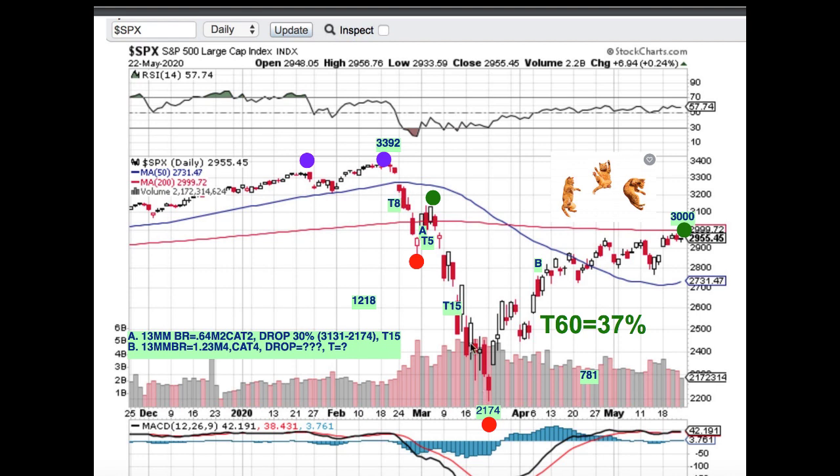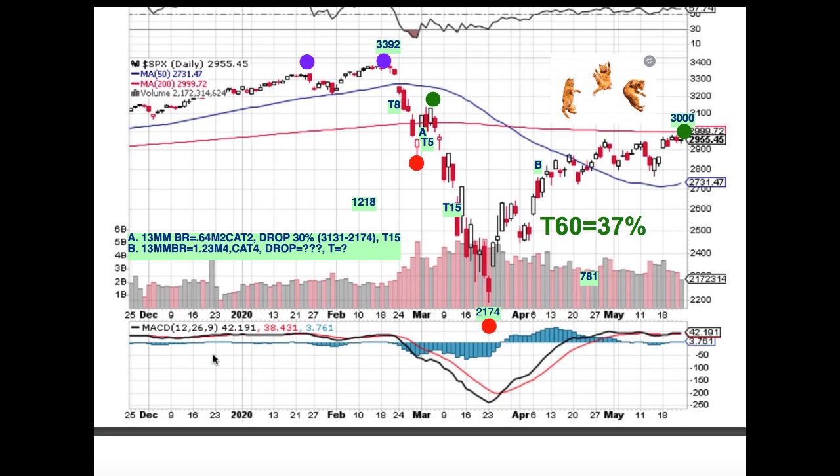So this is a 30% drop that is preceding this increase higher of 37%. That would give you a bounce ratio on the B bounce of 1.23, guys. That is very, very critical that you understand this part, because it's important how you relate to that information in comparison to the historical data that I'm about to show you.